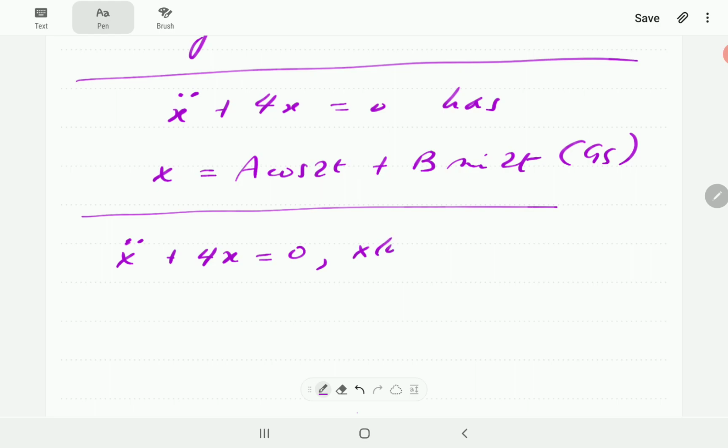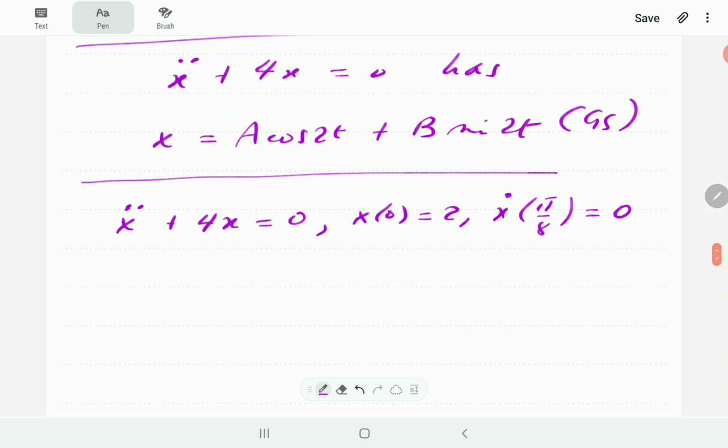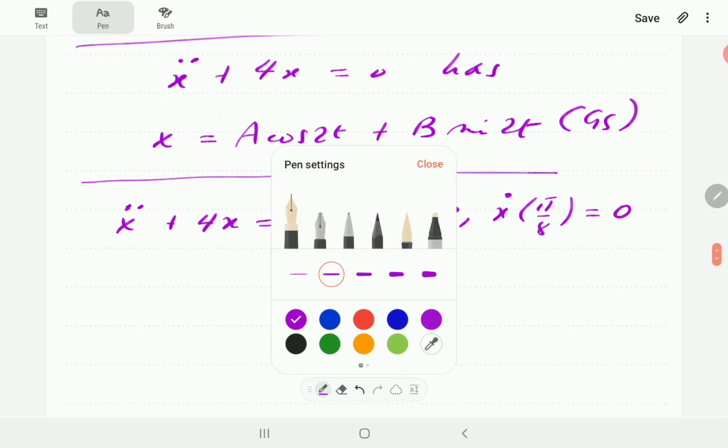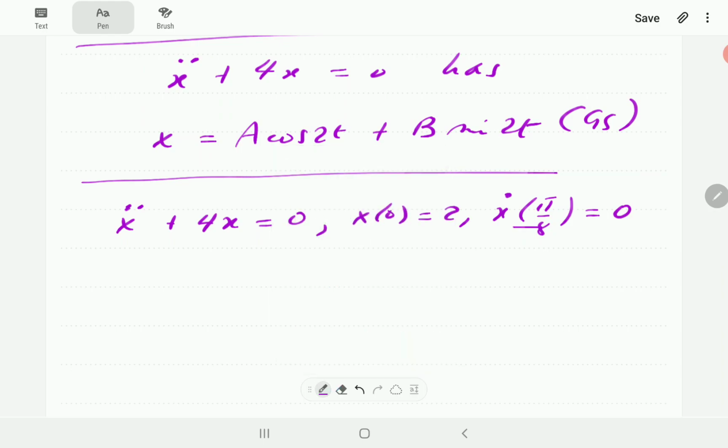So suppose we say when t is 0, x must be 2, and at the same time when t is pi over 8, x must be 0. So in mechanics, if x is the displacement, then x dot is the velocity. So this is specifying the displacement at time t equals 0, and then the velocity at time t is pi over 8.